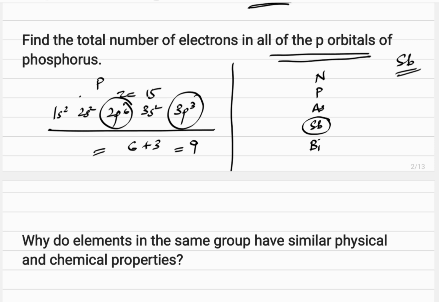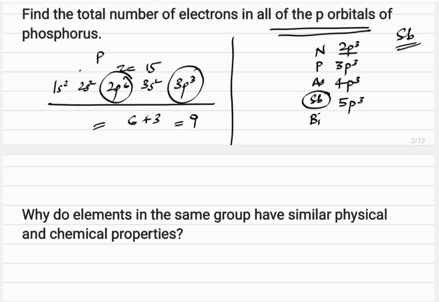Now, antimony is here. We know that for nitrogen, it's 1s2, 2s2, 2p3, because the atomic number of nitrogen is 7. If nitrogen is 2p3, then phosphorus is 3p3, then arsenic is 4p3, antimony comes out to be 5p3.